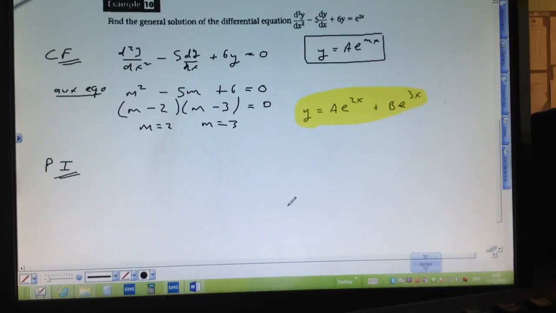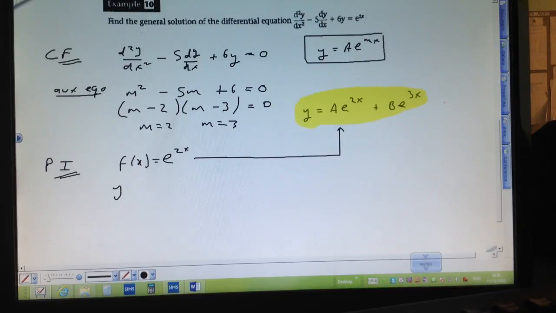Now the reason they've asked this is because they've set the f of x equal to e to the 2x. And you have already got solutions for that here, so you can't go ahead and try y equals lambda e to the 2x.